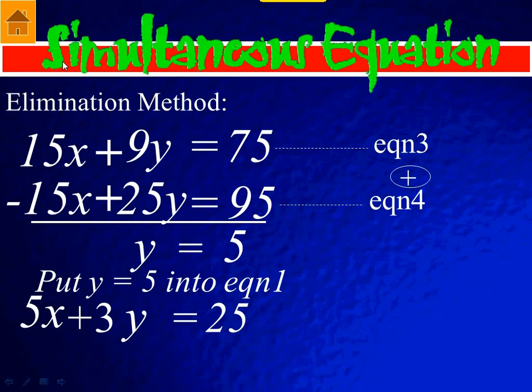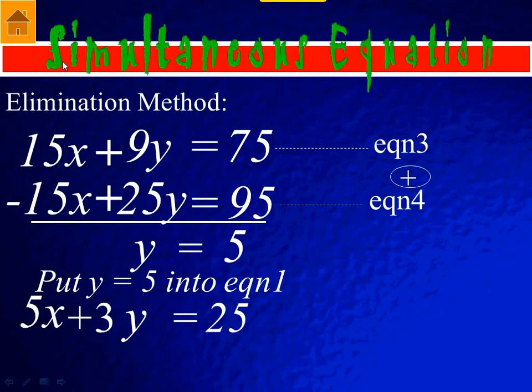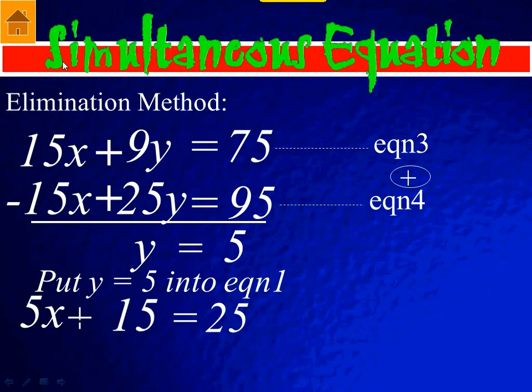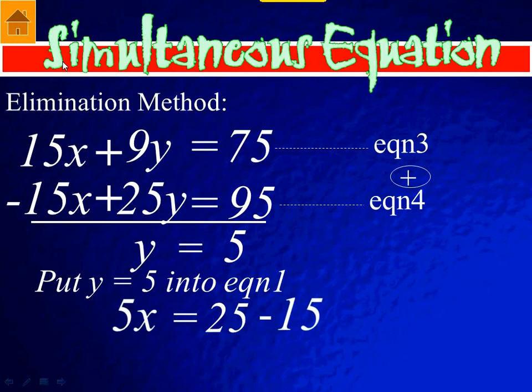So we replace the y with 5, 3 times 5 is 15. Then when we take the 15 across the equal sign, it takes on the opposite sign, so it becomes negative 15. And that would be 5x equal to 25 minus 15 now.